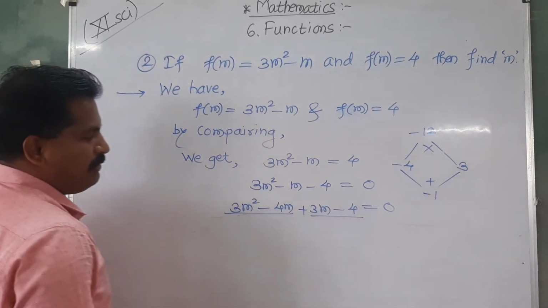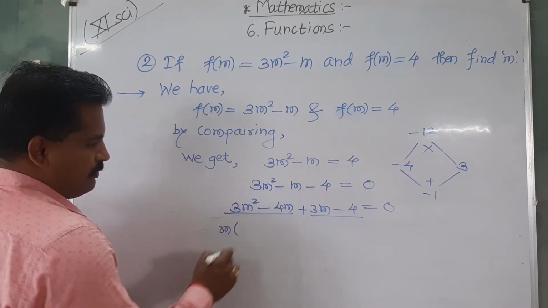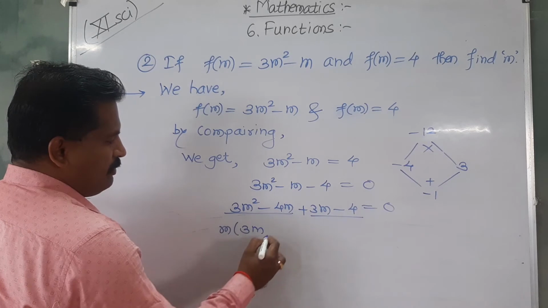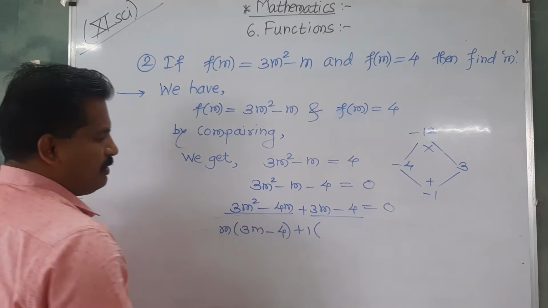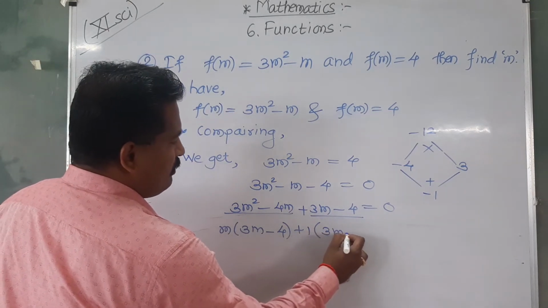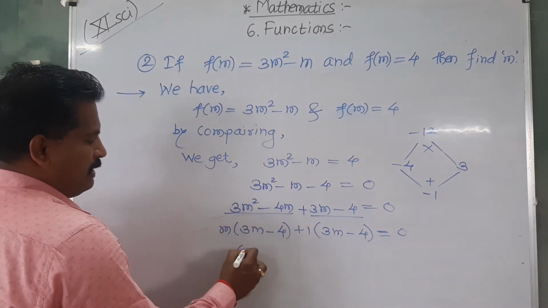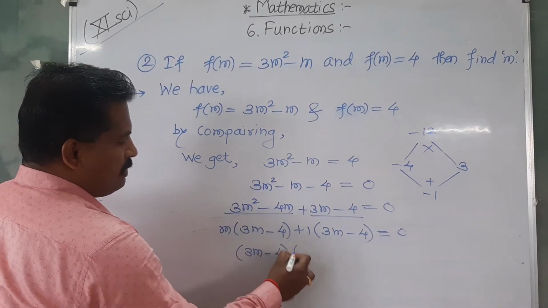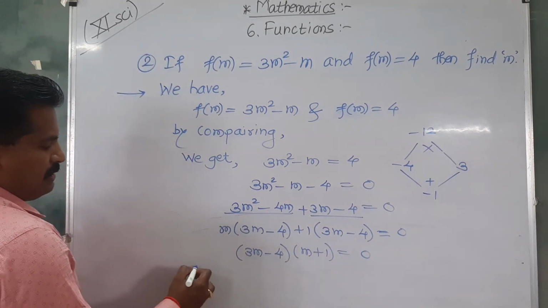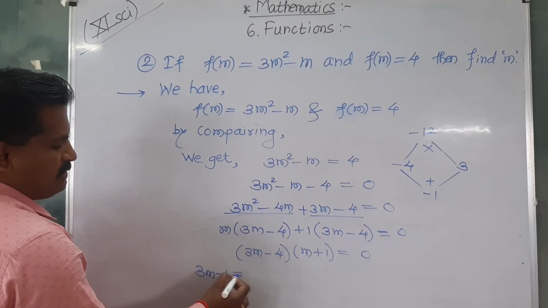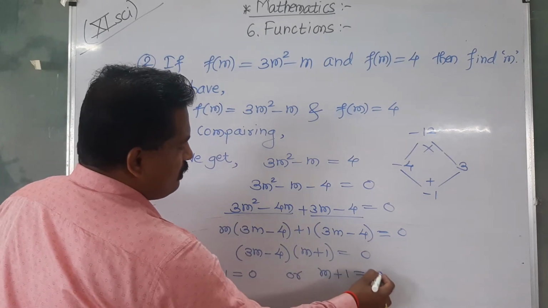By factorization, we take m as common. Therefore, 3m minus 4 plus 1 is common. By taking 3m minus 4 as common, we get m plus 1 is equal to 0.